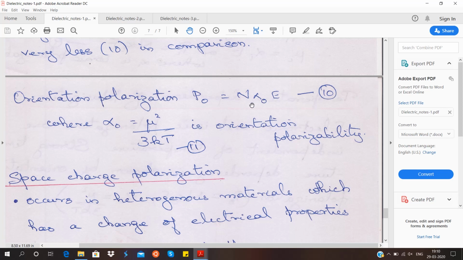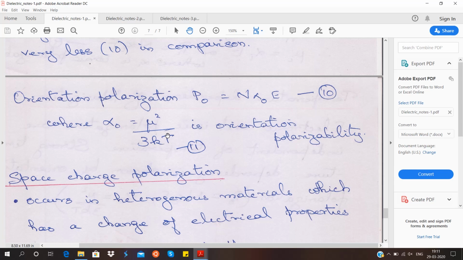Now, since orientation polarization is highly dependent on temperature, this alpha O has a particular relation with the dipole moment and the temperature. That's given by alpha O is equal to mu square, that's the square of the dipole moment, divided by 3 kT, where k is the Boltzmann constant, which we already know is 1.38 into 10 power minus 23 joule per Kelvin, and T is the temperature.